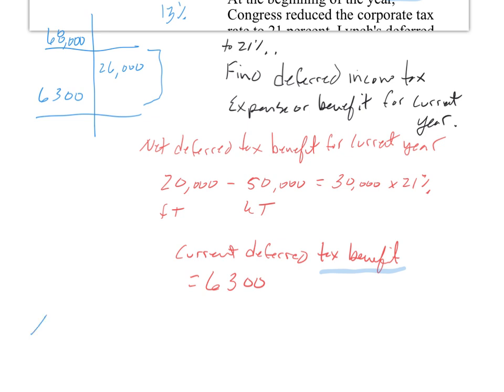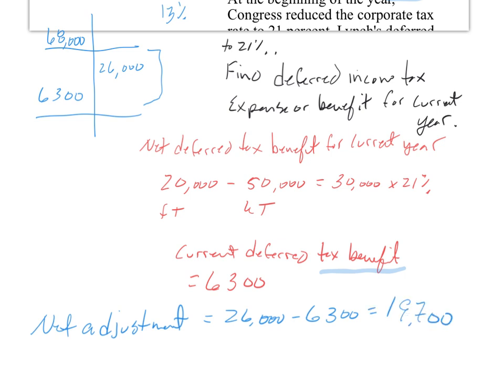That net adjustment is $26,000 minus $6,300, which is going to be equal to $19,700.